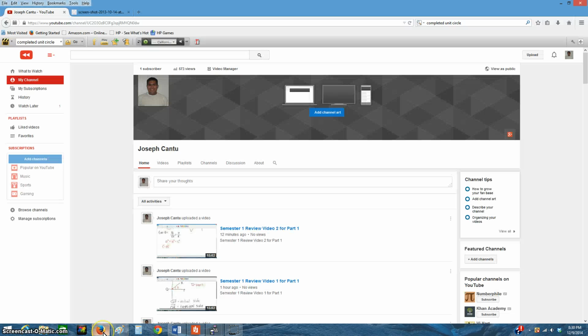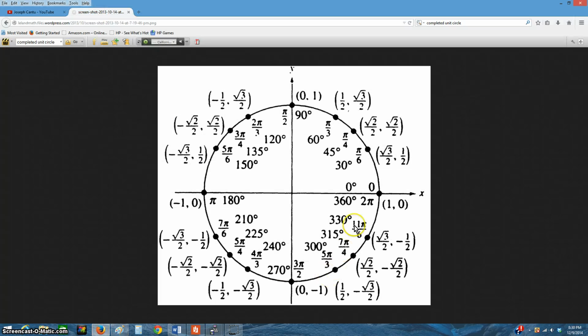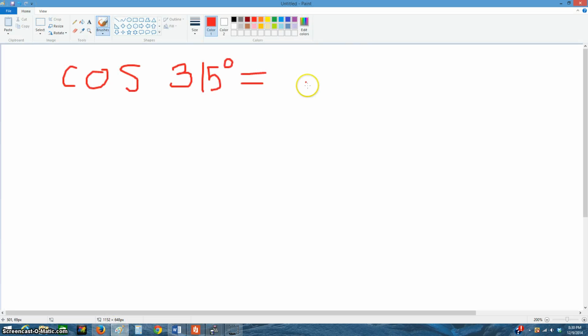Nice meaning, is it on the unit circle? So let's see. 315 happens to be right here, so 315 degrees is in quadrant 4, and remember cosine, we want the x-coordinate. So if you look at the x-coordinate of 315, my answer is radical 2 over 2. So this was just a unit circle problem, and that is my solution.